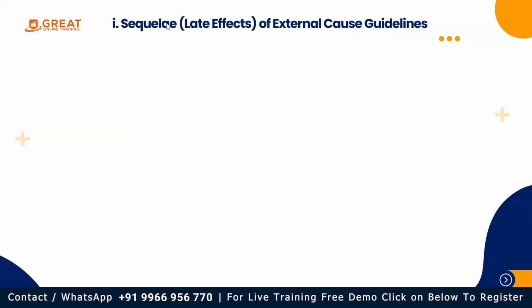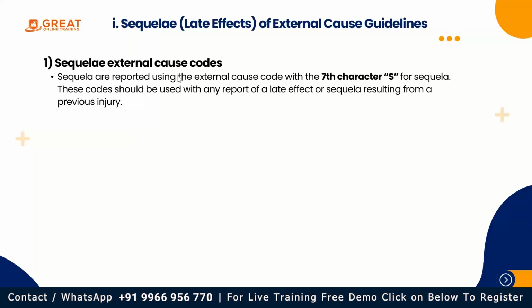Next point, sequelae or late effects of external cause guidelines. Sequela are reported using the external cause code, okay, with the 7th character S, which is for sequela. S we have to use to represent sequela or late effect.